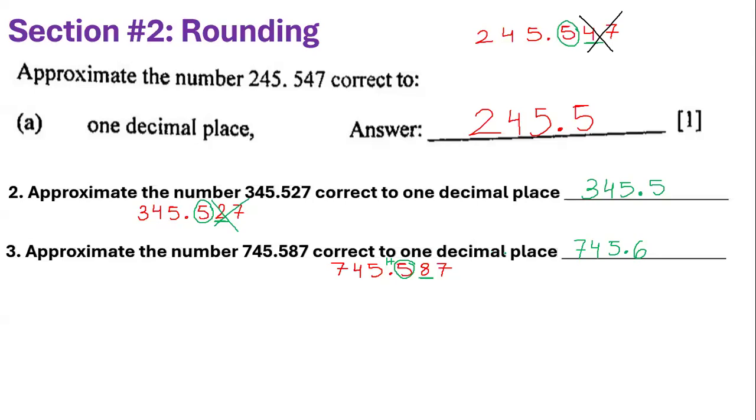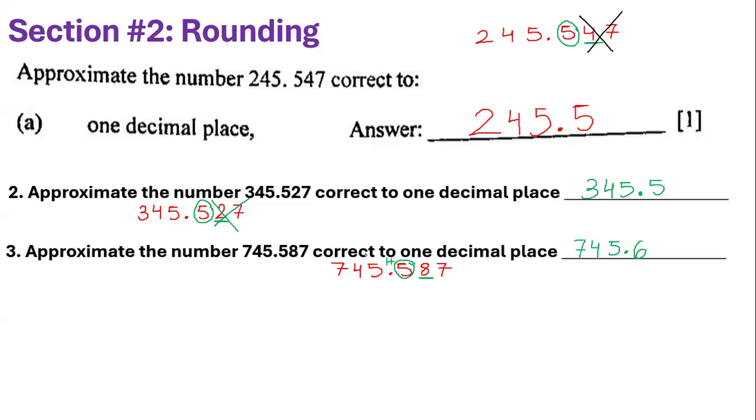Tavana Campbell, explain how we got 745.6. Because 8 is 5 or more, you go up. So 1 plus 5 is 6, so it's 745.6. Say it again.